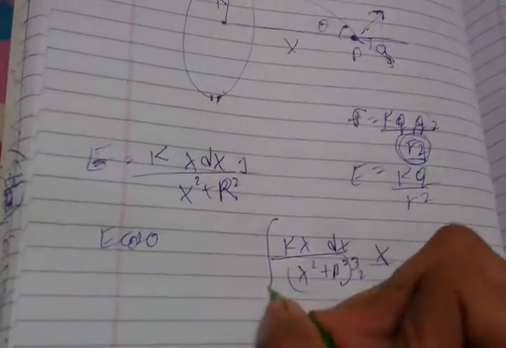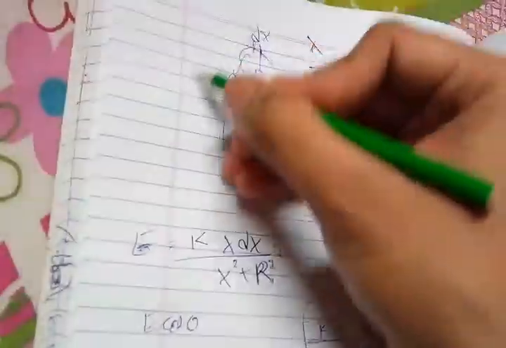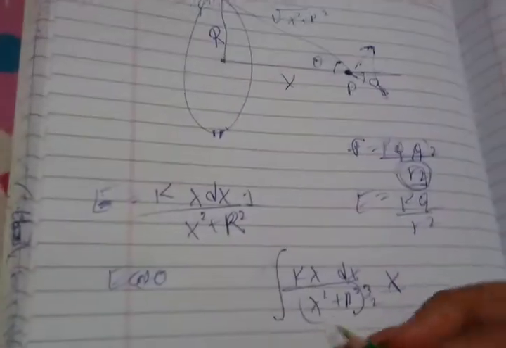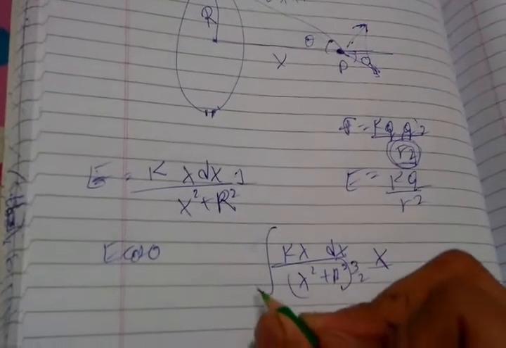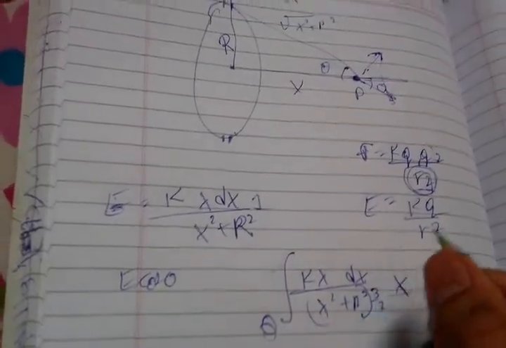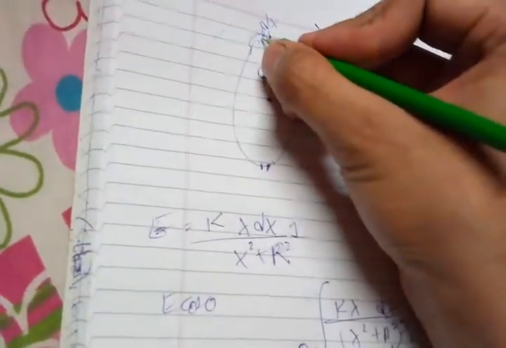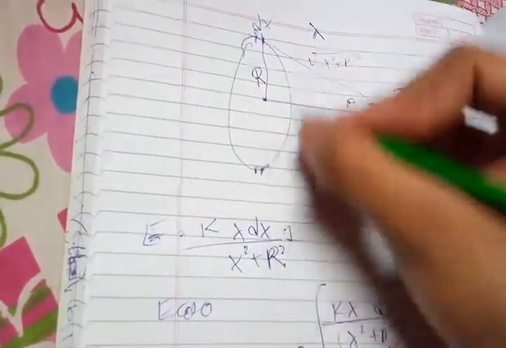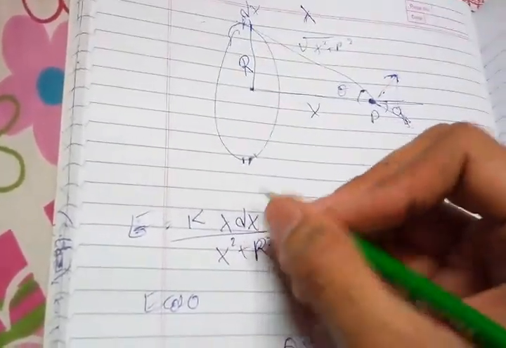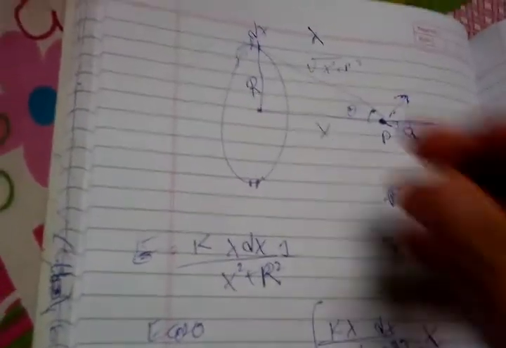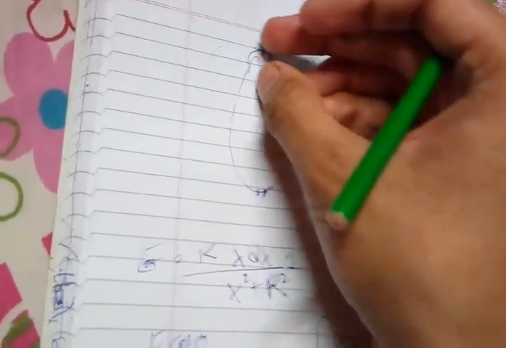So we have to add the electric field because of all the components, we will integrate it. The variable is dx, and the limit will go from 0 to 2 pi. If we add up all the dx elements, we will get the circumference of the ring.